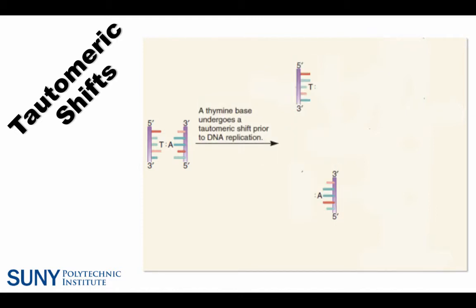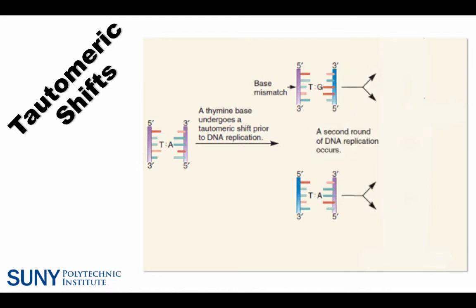So a thymine base undergoes a tautomeric shift prior to DNA replication. All right, so here we have the base mismatch being carried over to the newly synthesized strands, which are symbolized with the blue, as opposed to the older strands, the parent strands, being symbolized with the color purple.